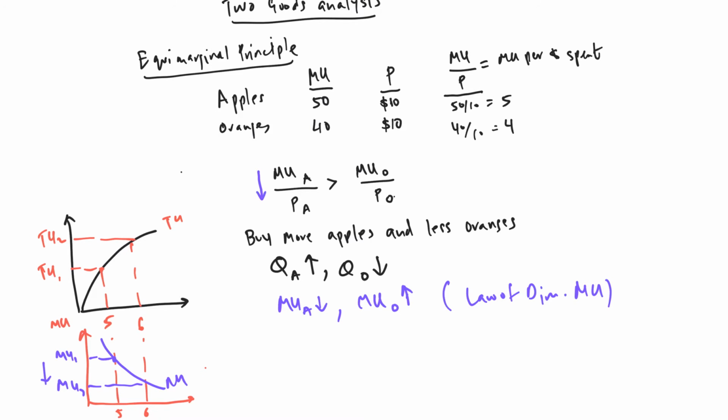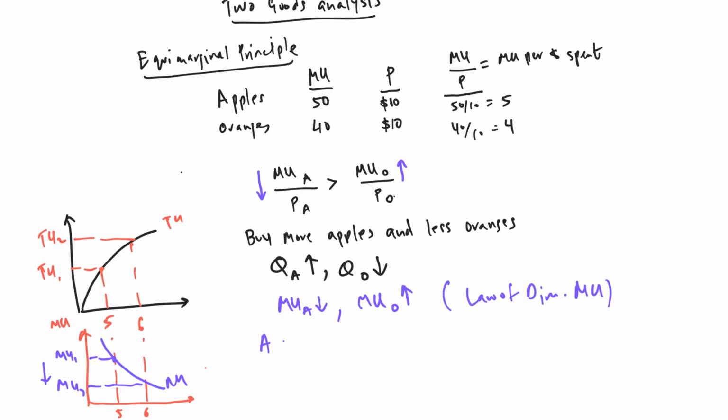I'm buying more of apples, so this part of my equation is going down because MU of A is going down. But this part is going up. And right now they were unequal. The left hand side was more than the right hand side. But now when you buy more of apples and less of oranges, this starts to fall, this is starting to rise. Right? There will come a point.